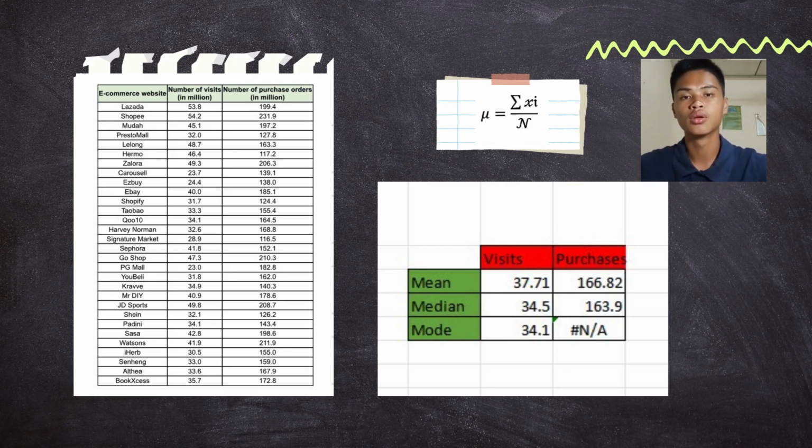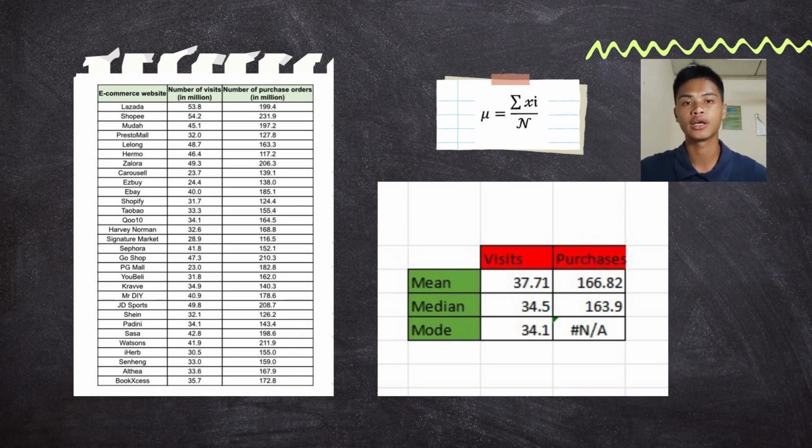Since the total number of values is even, we add the two middle numbers and divide by 2. So the answer for visits will become 34.5, while the purchases will become 163.9.